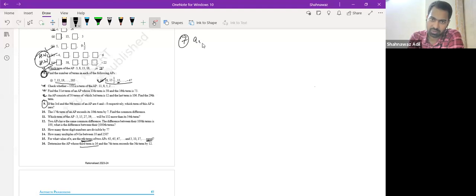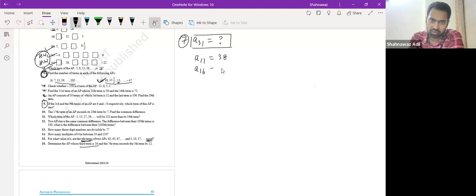A31. Absolutely right. So we need to find A31. And what is given? A11, that is 38. And the second information? A16, that is 73.